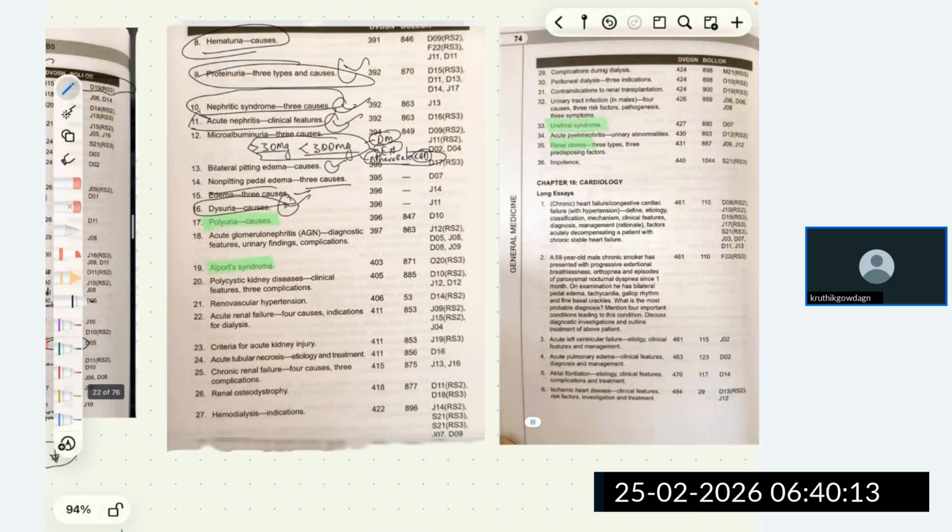What are the causes of polyuria? Polyuria causes are diabetes insipidus, which can be nephrogenic diabetes insipidus and central diabetes insipidus. Also, we have syndrome of inappropriate secretion of antidiuretic hormone, SIADH.